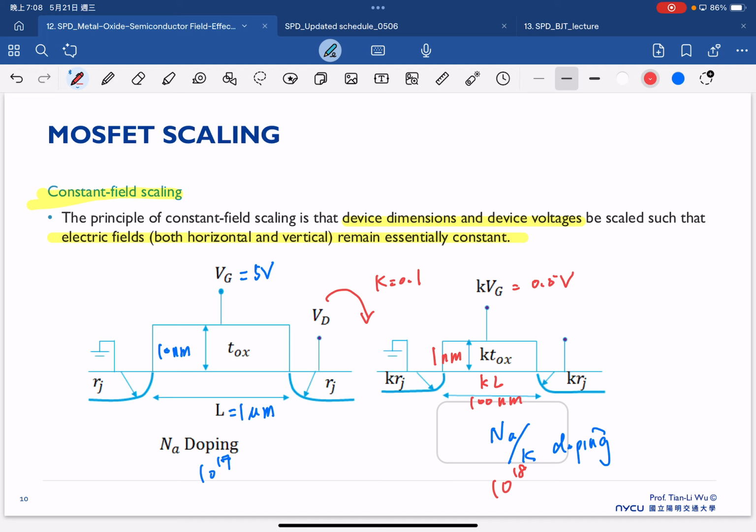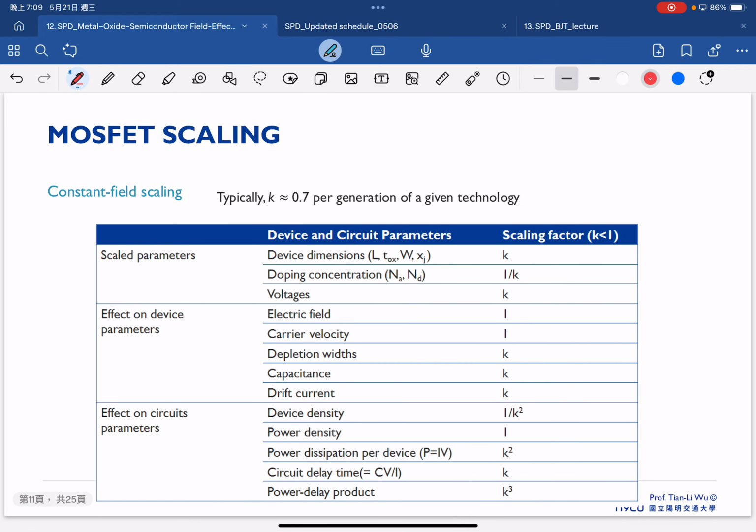But it's still good to have a little bit of a history review of how people considered scaling in the early time, and the first concept that came to the world was constant field scaling. Actually the typical K is around 0.7 per generation of a given technology.